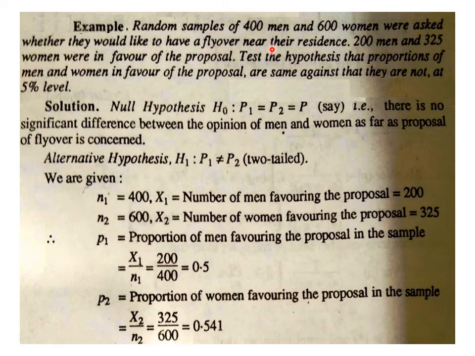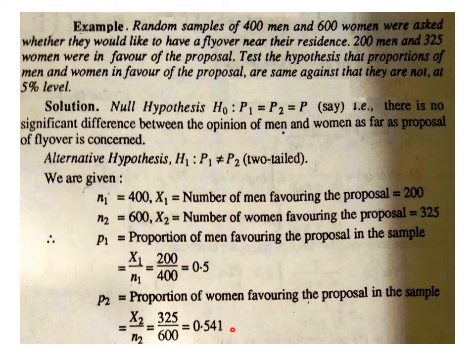So 200 men are in support out of 400, so capital X1 is 200, and 325 women out of 600 are in support, so capital X2 is 325. Small p1 and p2 are defined as we discussed in theory: x1 upon n1, that is 200 upon 400, which is 0.5, and small p2 in a similar fashion becomes 0.541. So this is the initial mathematical formulation of the problem.